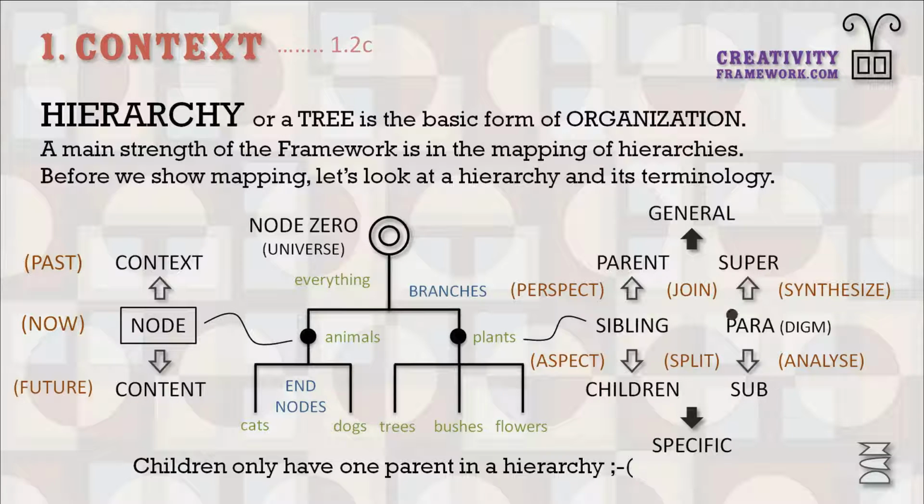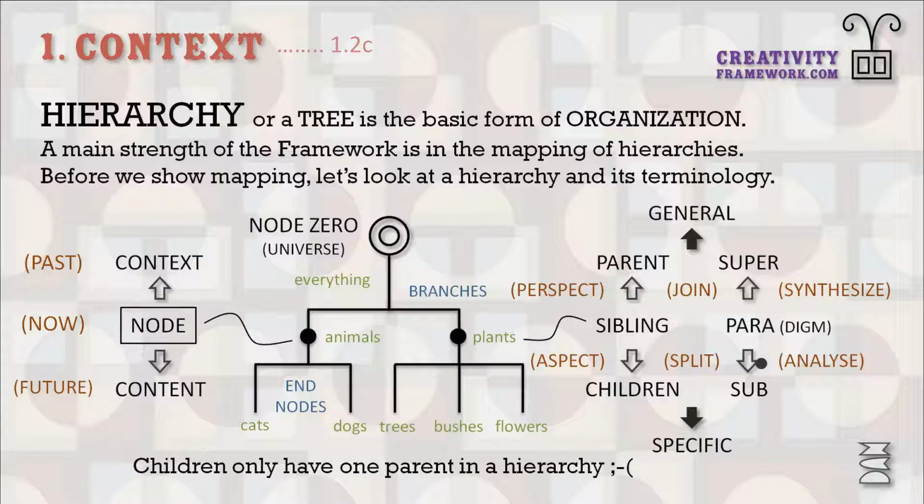Classification on the right-hand side is represented by slightly different words, things like a subclass and a superclass. So the more specific we go, those are subclasses of superclasses. And then there's nice words that come along with this. As we go up, we join things together. As we go down, we split things apart.